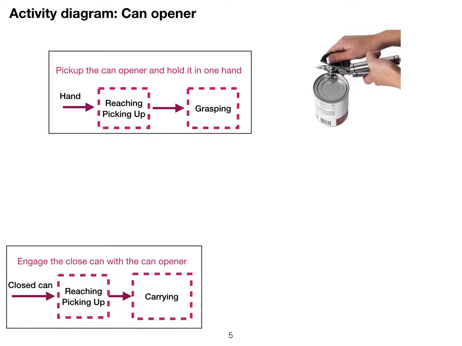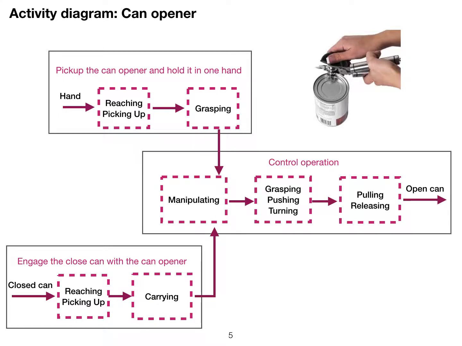And of course, with the other hand, you will need to reach the can, pick it up, carry it towards the can opener, and then, combining the two elements, you need to perform some manipulation, some grasping, some turning to make the can opener able to start separating the lid, and finally releasing the content of the can and separating the objects altogether.